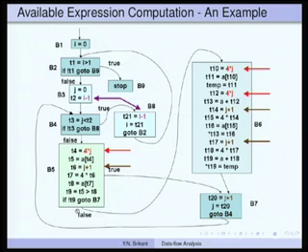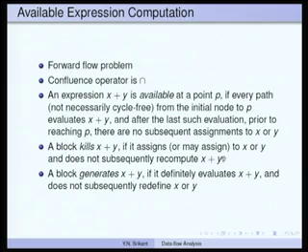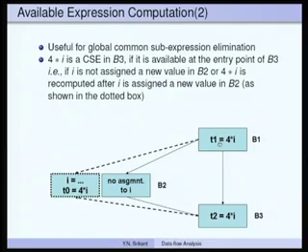So, at the end of this block, the gen set for this block will definitely contain 4 star j. This block will also contain 4 star j, because until this point we have not redefined j. So, that is about generation and killing, and we already saw this example.